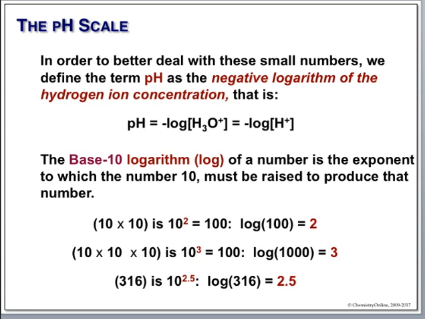Log of 316 is 2.5. So here we are going to learn to use our scientific calculators to calculate the logarithm of hydronium. And going back, if we have a hydronium, calculate pH.